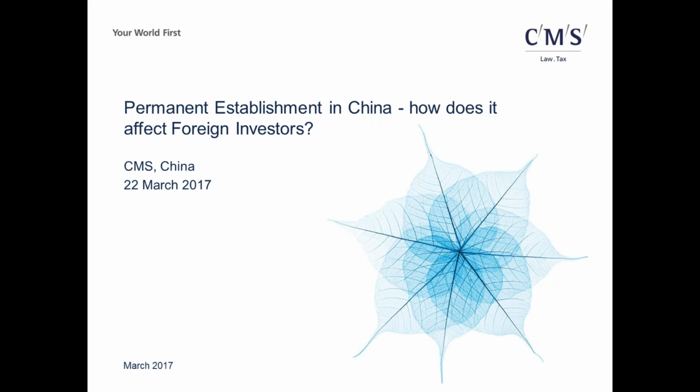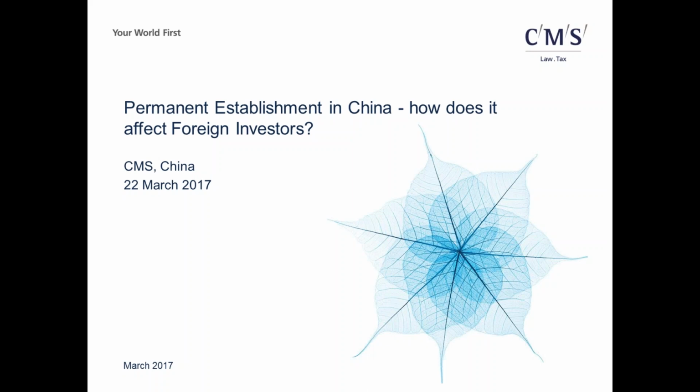Why are more and more foreign investors concerned about whether they have constituted a permanent establishment in China? Actually, the permanent establishment is not a new concept under the tax system. It is a concept introduced by a normal or typical bilateral double taxation treaty between one country and the other.